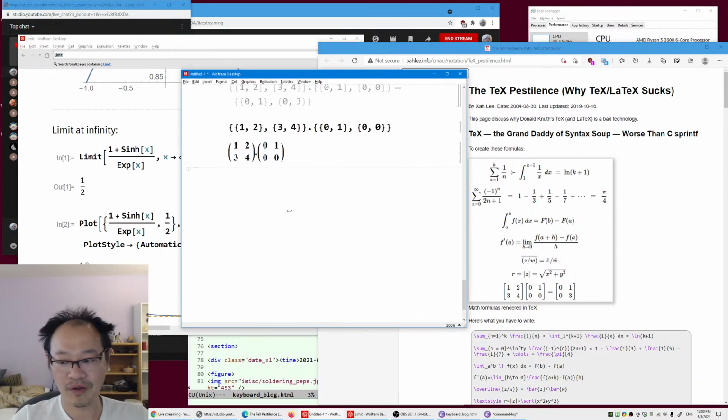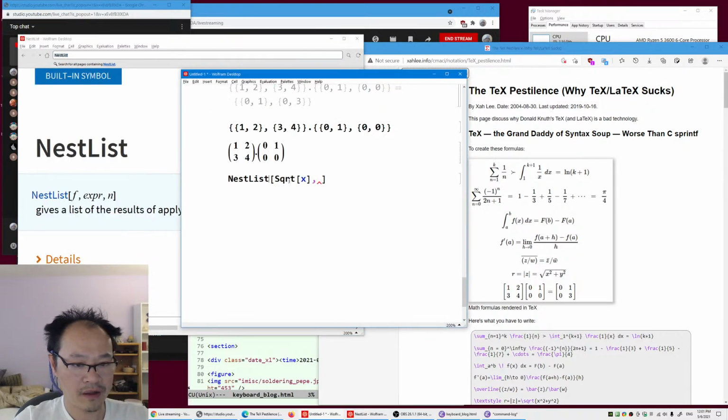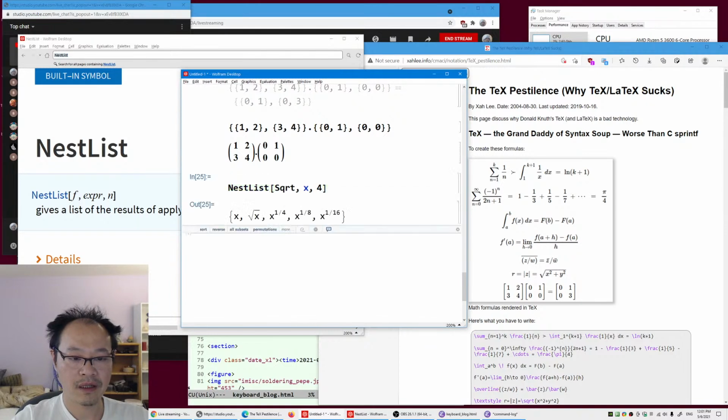And in fact, you can do this. For example, let's do nested square root. Square root of x, let's say NestList. What's the syntax for NestList? Function, expression, n. So the function is square root, the expression is x. Let's repeat 4 times. Enter.